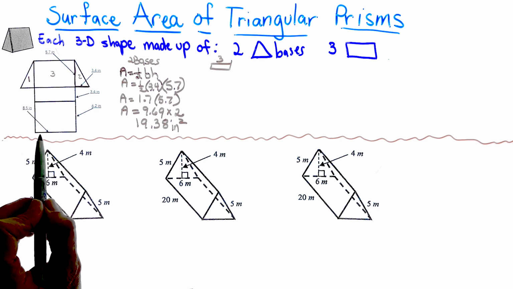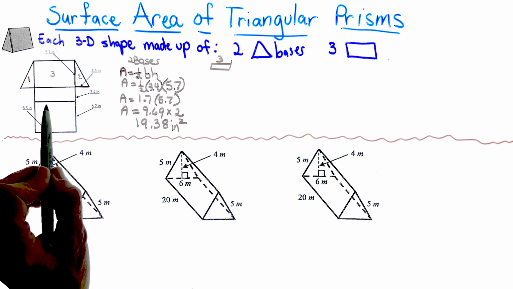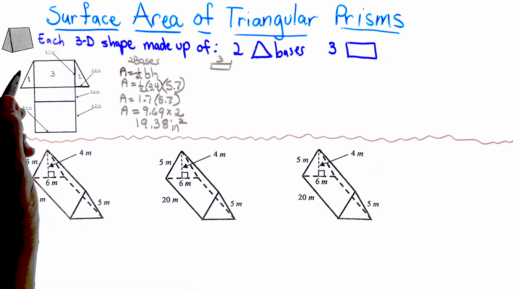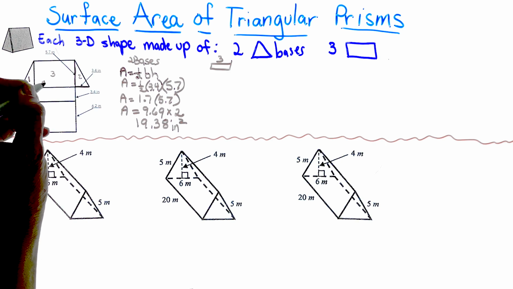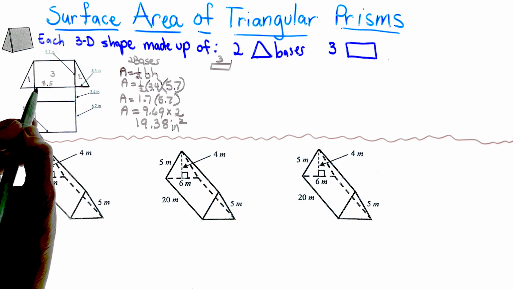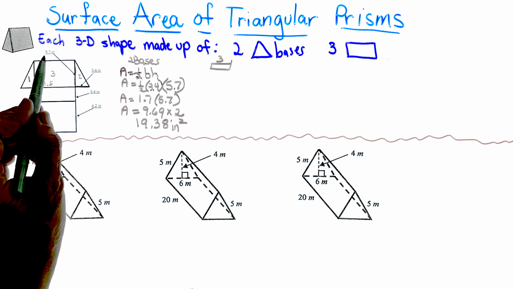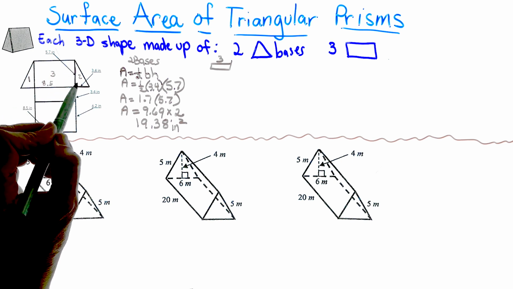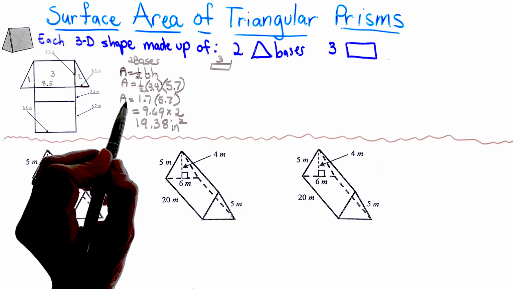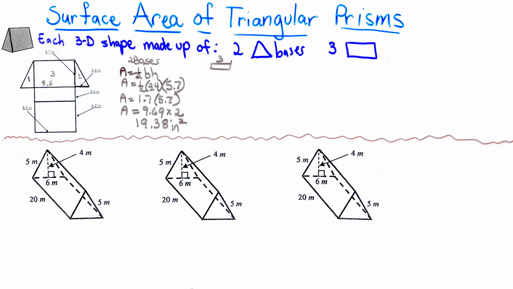This is 8.5 inches, and each one of these I know is going to be 8.5 inches. So I have 8.5, and my height actually is 5.7. That was a part of our measurement for our bases.